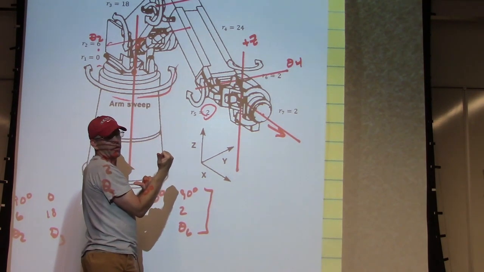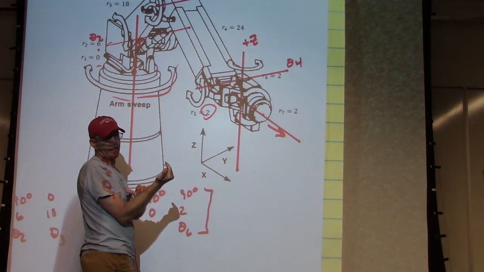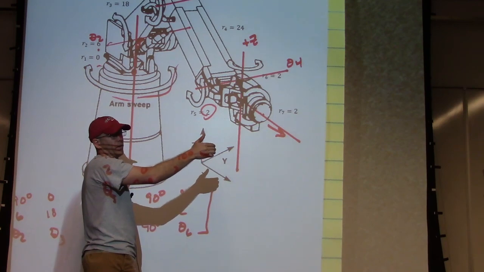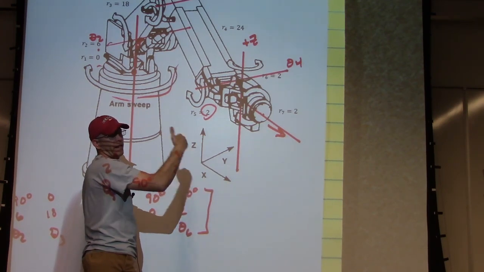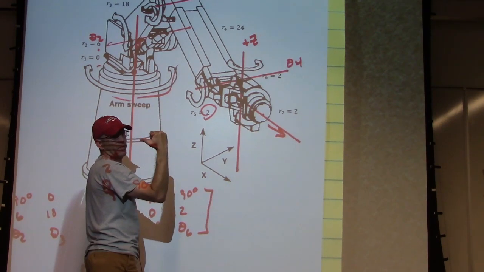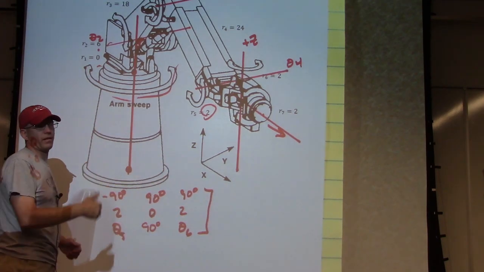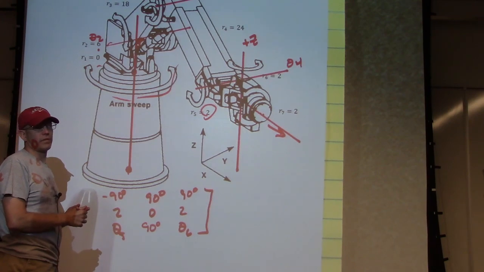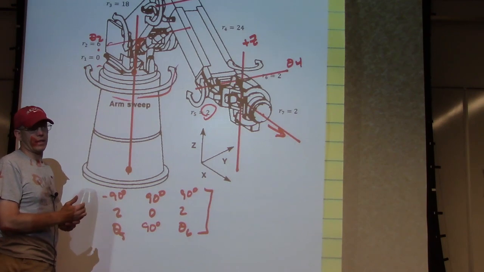But our DH parameters are not dependent on Y, they're dependent on X and Z. Therefore, what we have to do is rotate about Z so that Y is pointing forward, and then rotate about X so that we're pointing out. Okay? And then after we're pointing out, we have to do the rotation again to get the final Z-axis pointing through the joint.